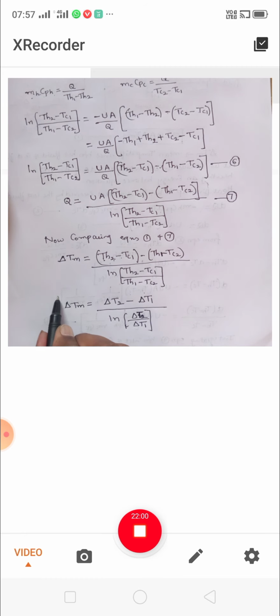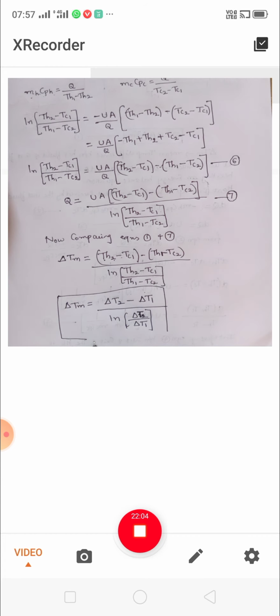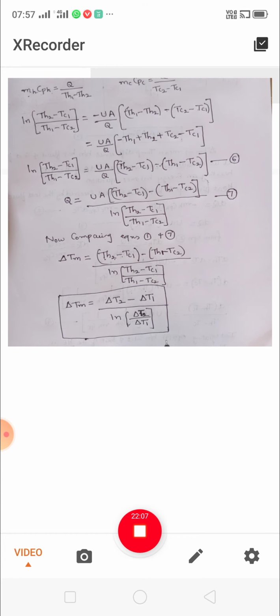So this is the mean temperature difference for the counterflow heat exchanger.